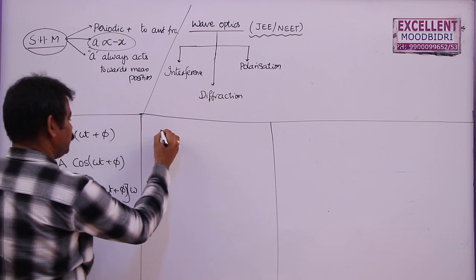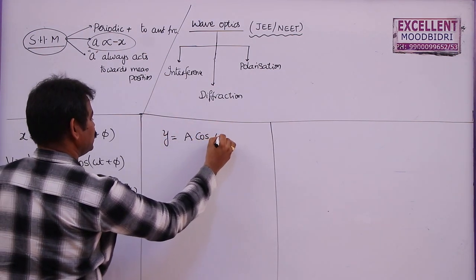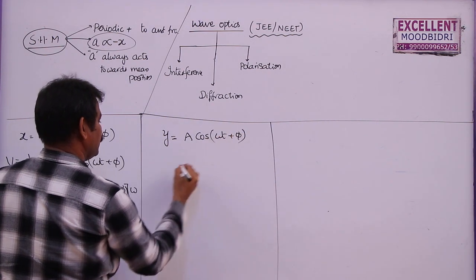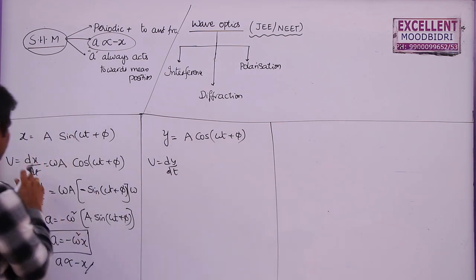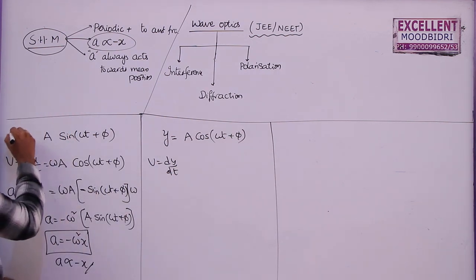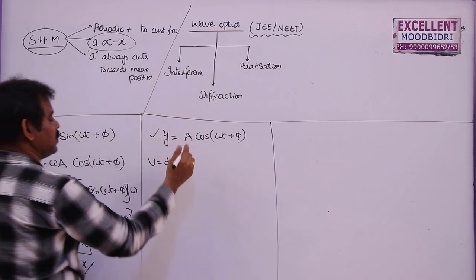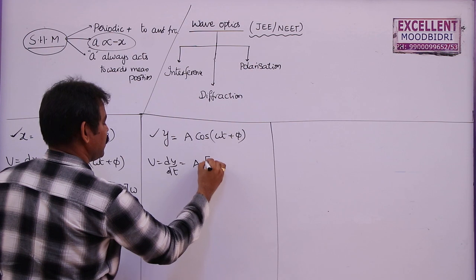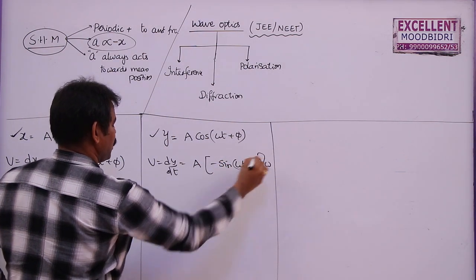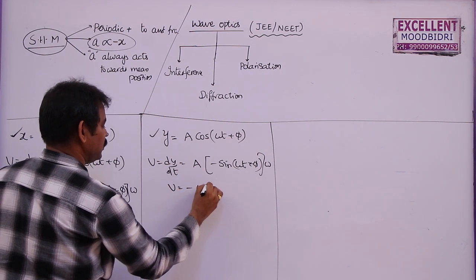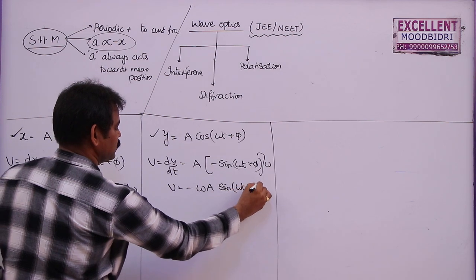Suppose y or x is given as a cos(omega t plus phi). Velocity is dy by dt, the same as dx by dt, as the displacement is given as y here. This was a sine function, this is a cosine function, so this will become minus a sin(omega t plus phi) into omega. So velocity is equal to minus omega a sin(omega t plus phi).